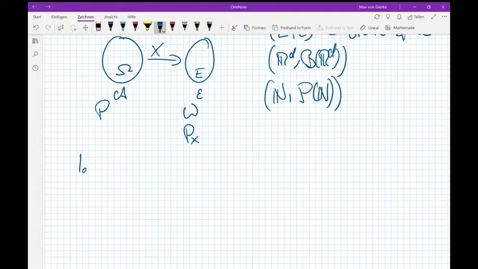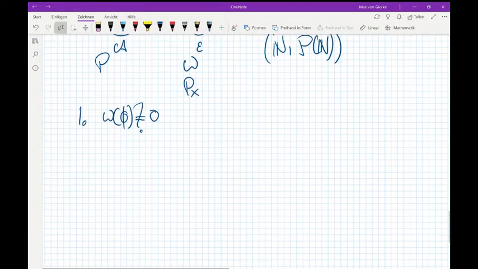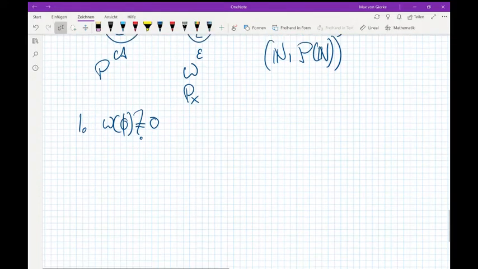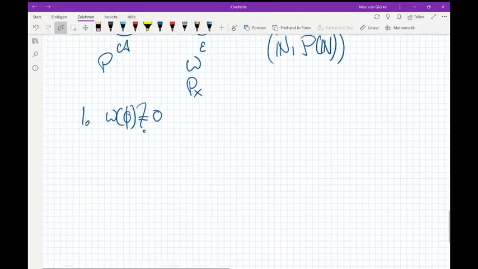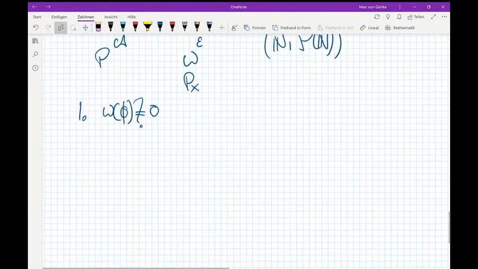Verify that W is a probability measure. Okay, what do we do now? When is it a measure? We want to show that if we put the empty set in here, it's 0. Is it 0? Yes, it is. It just follows from P being a measure.